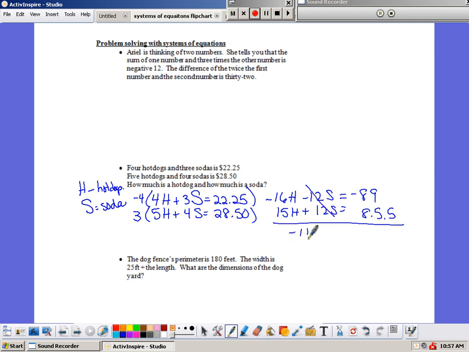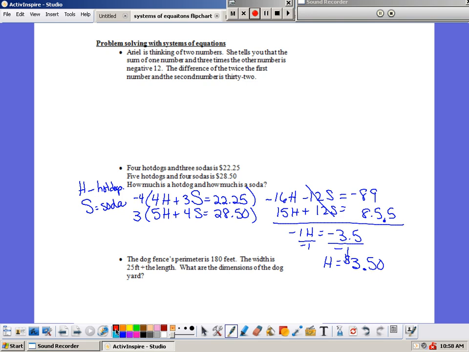Drops out. -1H equals -89 plus 85.50, and it's going to be negative, so -3.5 divided by -1. So my hot dog must be $3.50, and make sure you make it into money. $3.5 is not normally how we write things.